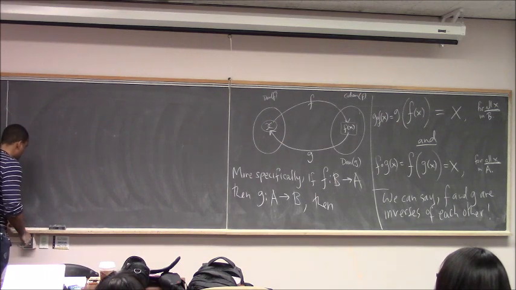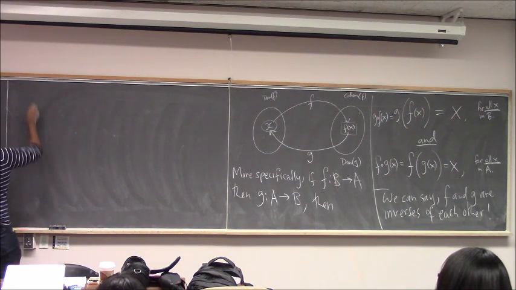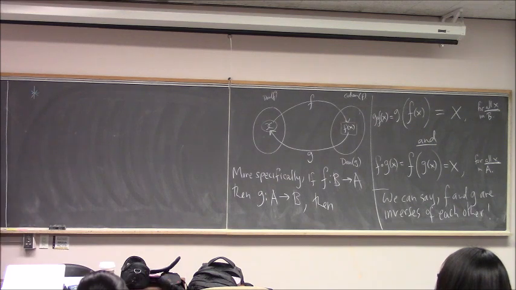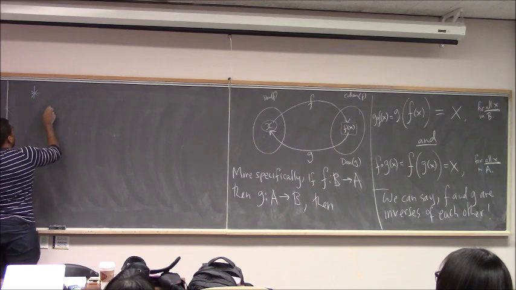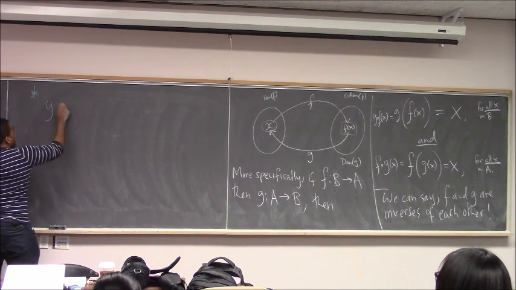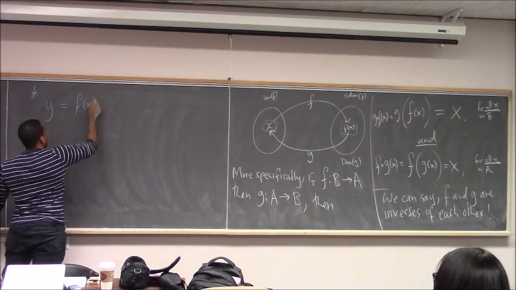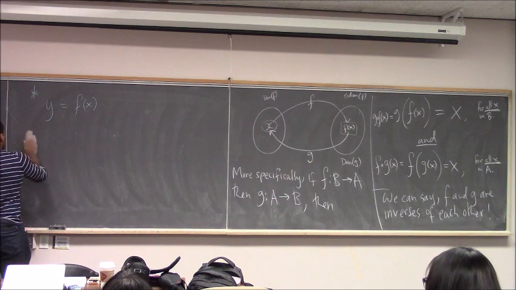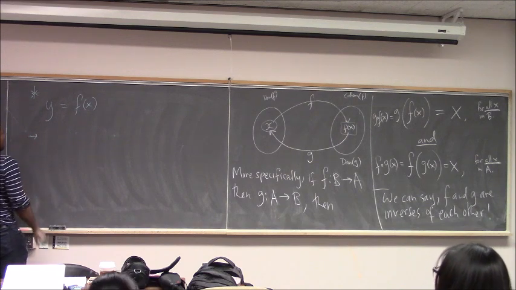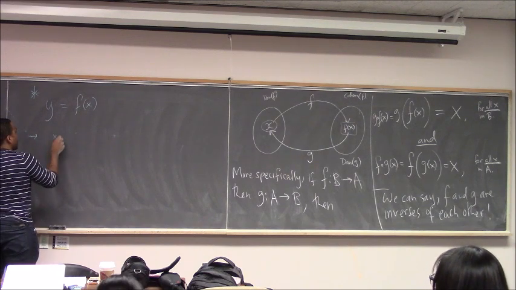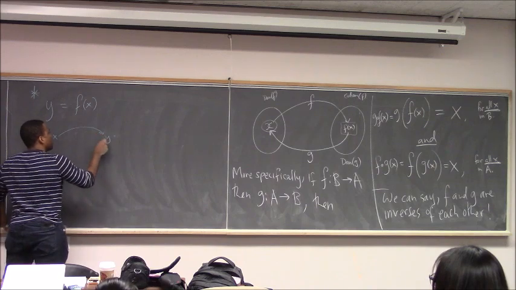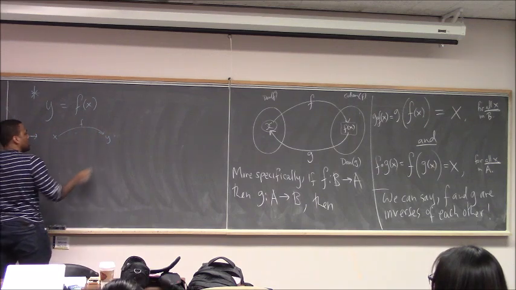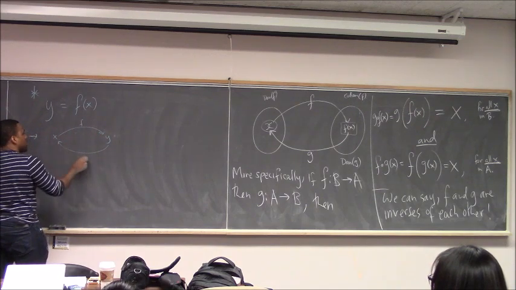So here's another way you can think about it. If y equals f of x, then what happens is you take x, f would move it to y, g is going to take y and move it back to x.